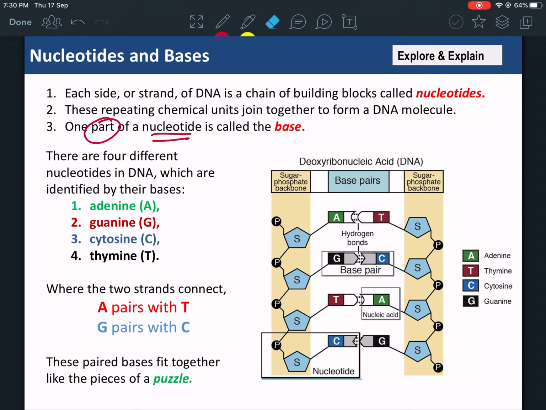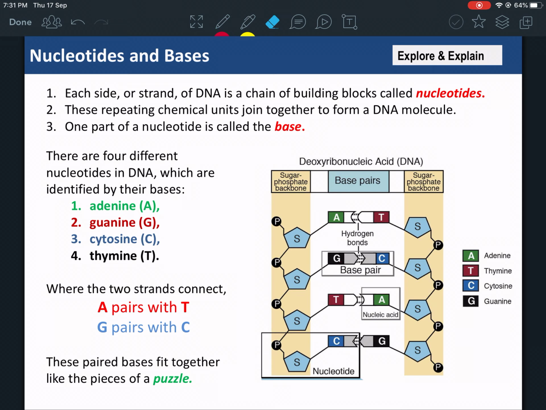There are 4 types of bases: adenine, guanine, cytosine, and thymine. And you represent them with letters. So adenine is A, guanine is G, thymine is T, cytosine is C.